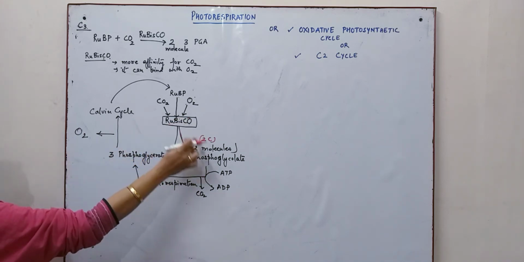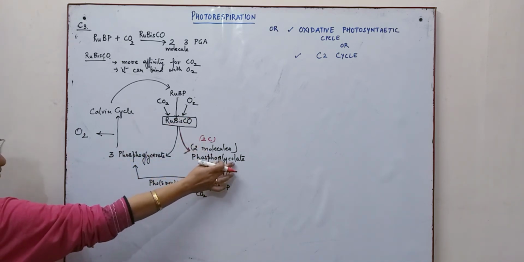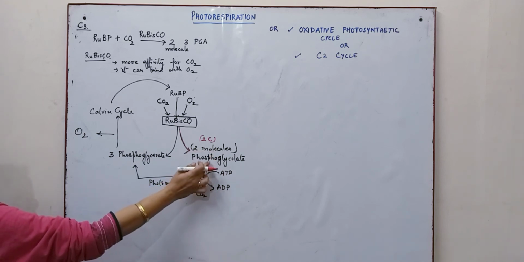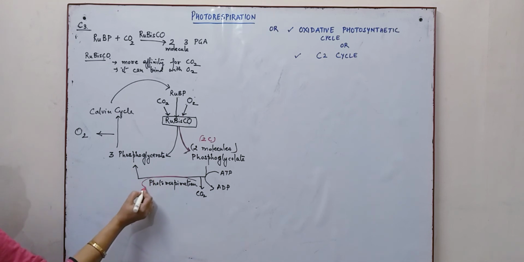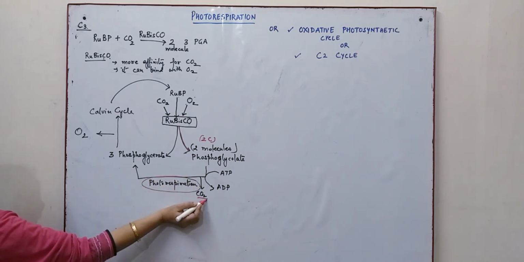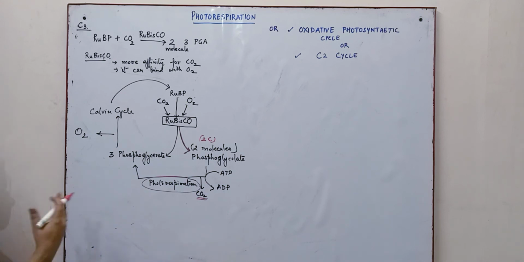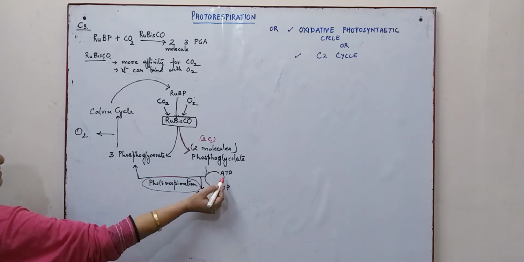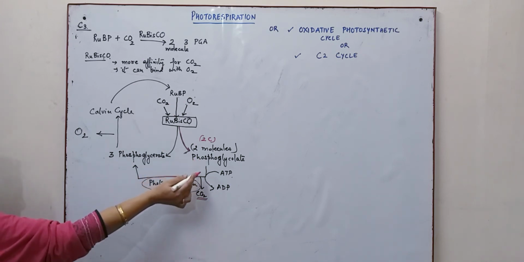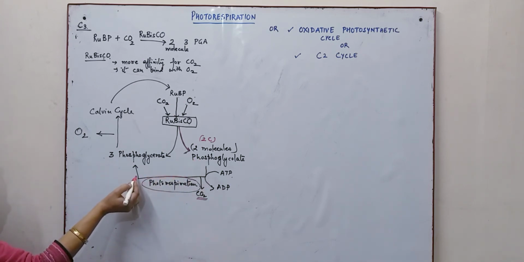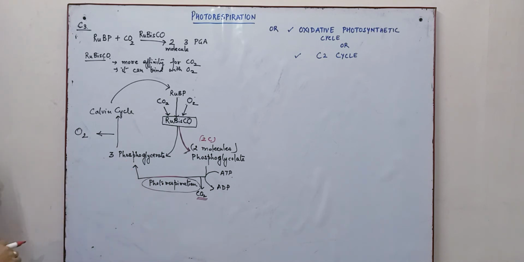Now, if it is combining with oxygen forming phosphoglycolate, this molecule undergoes the process of photorespiration by a series of steps, and here carbon dioxide is released as a byproduct, utilizing the energy of ATP. This phosphoglycolate goes to form 3-phosphoglycerate, which finally enters into the Calvin cycle.